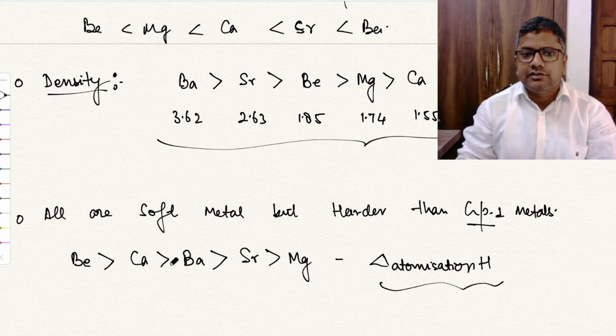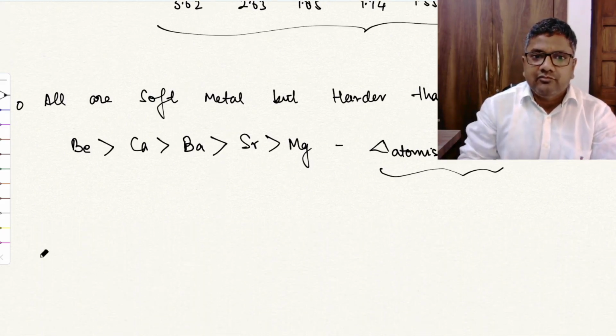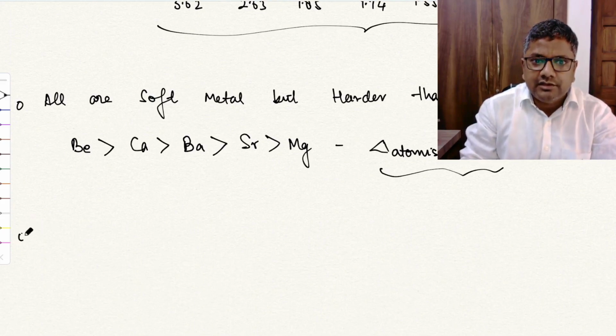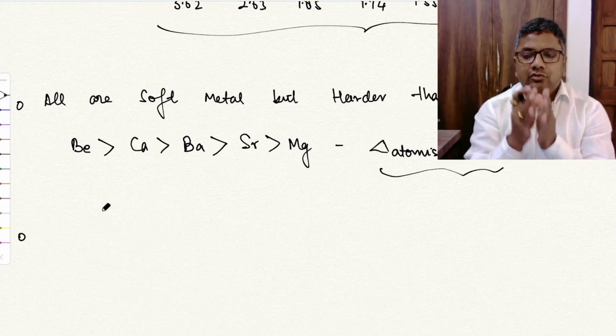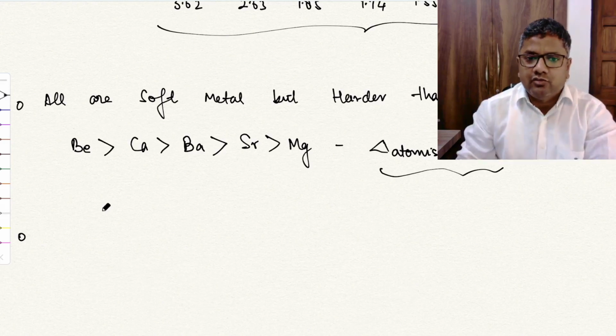Order. So this is in the same group. Now see, melting point and boiling point, no regular pattern is there. Although they have low melting point and low boiling point, they are higher than the corresponding group 1.